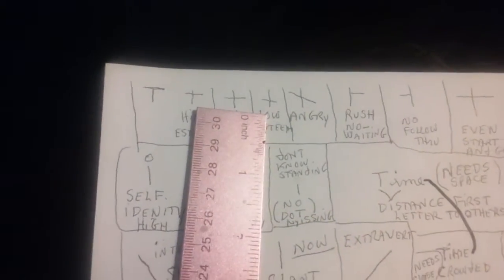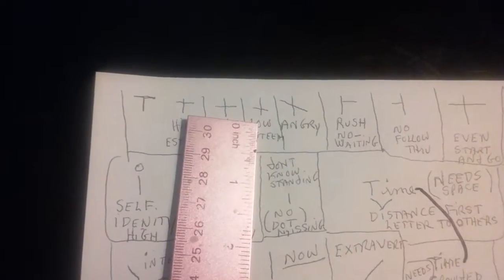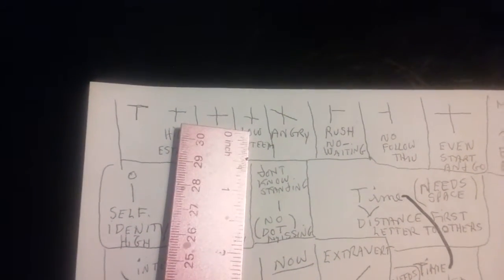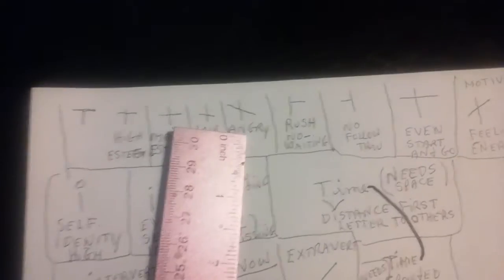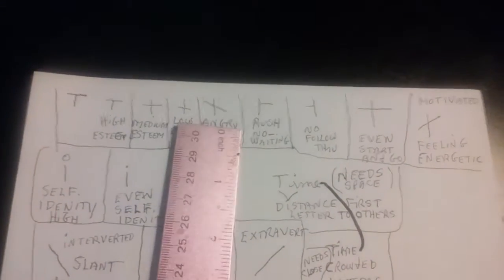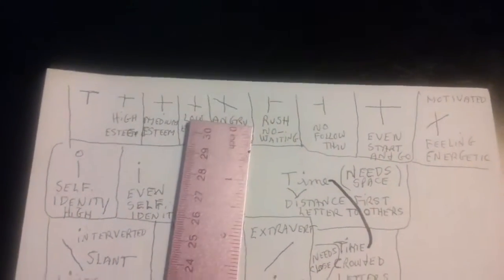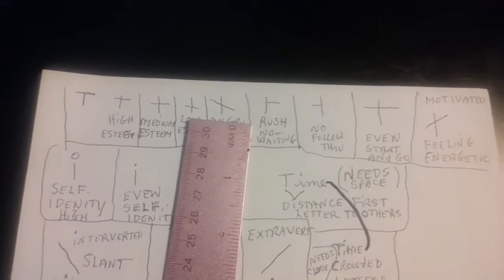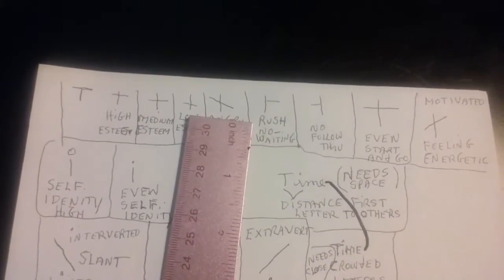And then the one next to it, about the middle or the upper part of the middle, would be considered average. And then you get into low self-esteem. And then you get into somebody that's angry because it's almost like they're cutting it towards the ground. In other words, there's some anger involved there.